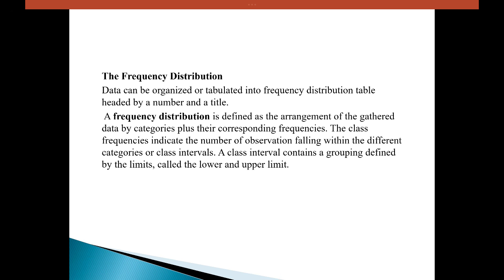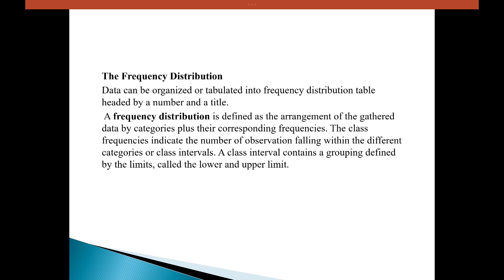Okay, so now what is a frequency distribution table? Your data can be organized or tabulated into a distribution table. A distribution table is the arrangement of your gathered data by categories, and these categories have corresponding frequencies.